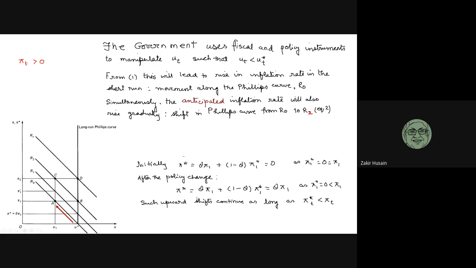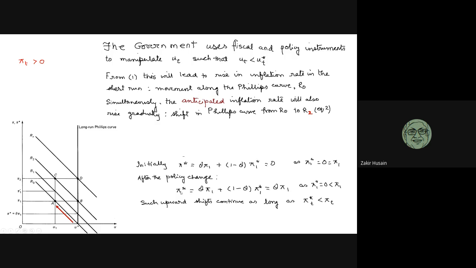Okay. So actually, I have derived it over here. Initially, pi star was 0, as both pi star and pi 1 are 0. After the policy change, pi star 1 is 0, but pi 1 is positive. So this part cancels out. I have theta pi 1 remaining.